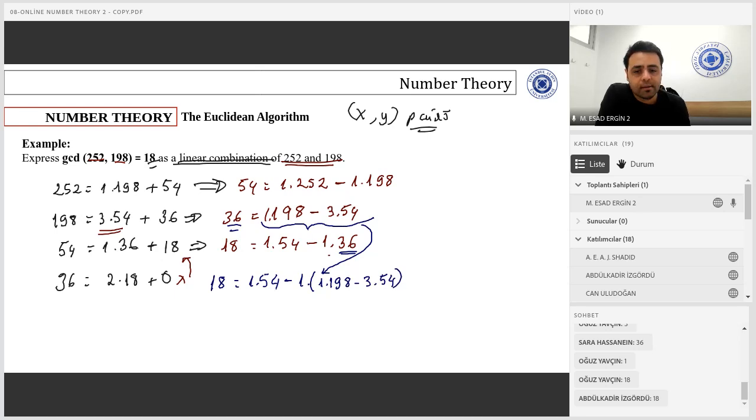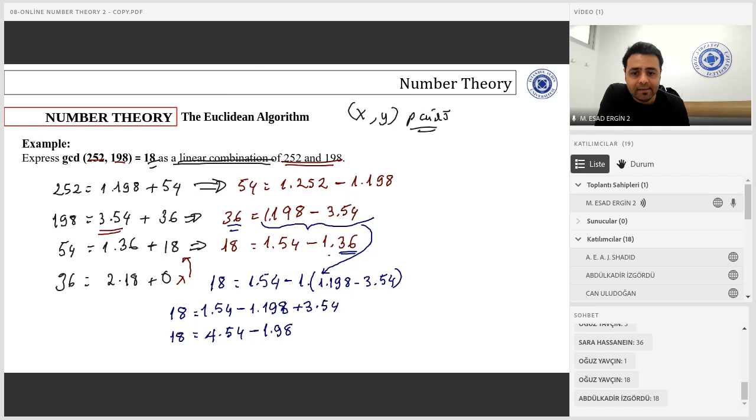Okay? Is that understood? Now I continue with 18 equals 1 times 54 and minus 1 times 198 and plus 3 times 54. And 3 times 54 here, 4 times 54 here. So it will be 4 times 54 and minus 1 times 198.